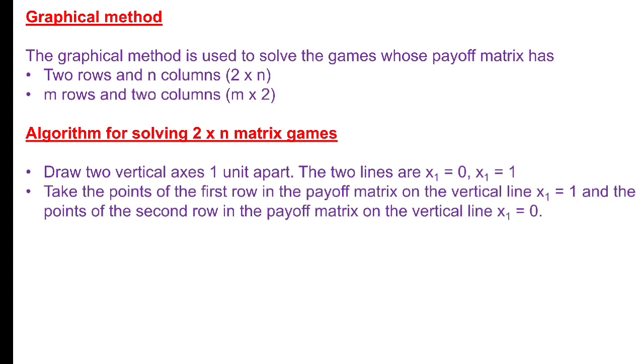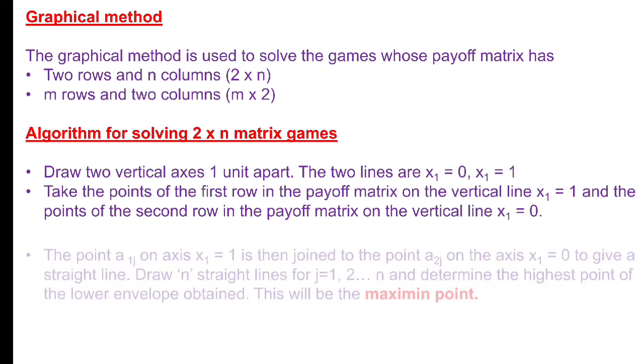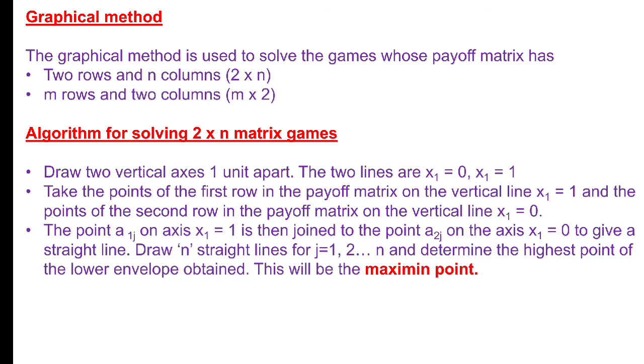So you need to consider this. Take the points of the first row in the payoff matrix on the vertical line x1 equal to 1 and the points of the second row on the vertical line x1 equal to 0. The point A1j on the axis x1 equal to 1 is then joined to the point A2j on x1 equal to 0.